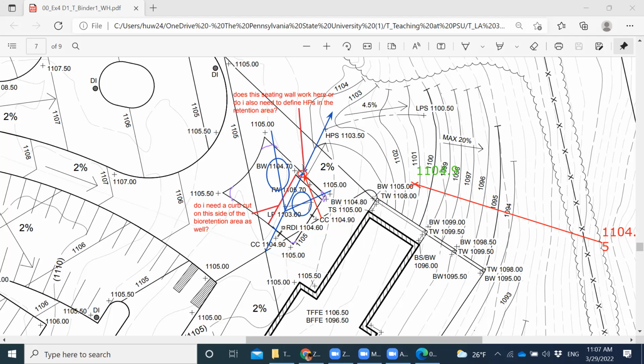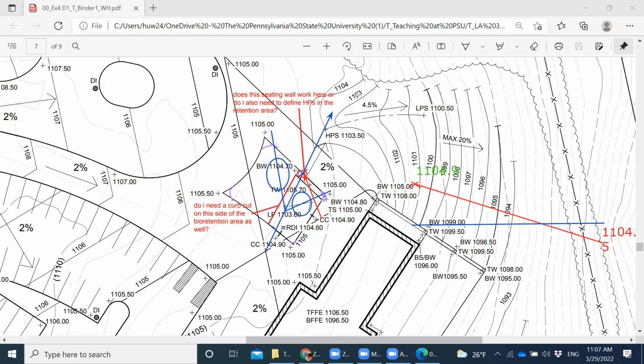So this is probably 1104.4. So that's about one curb in difference. If I want my RDI to be 1104.6, which is somewhere over here, and that's actually a blue line. That's my water level at 1104.6.